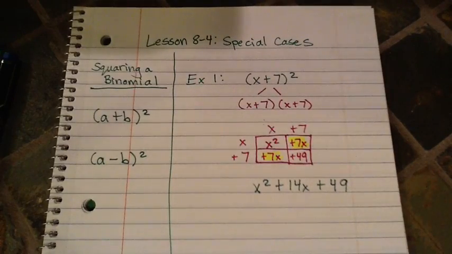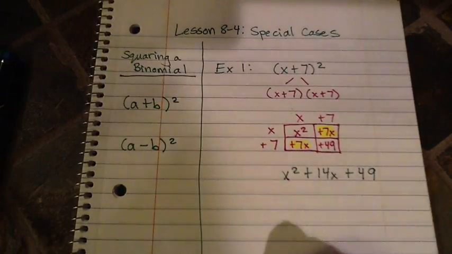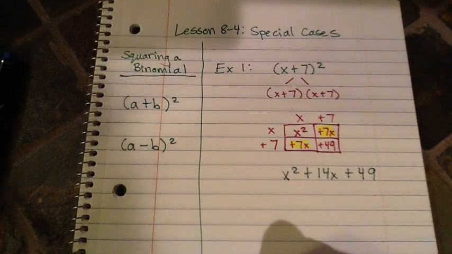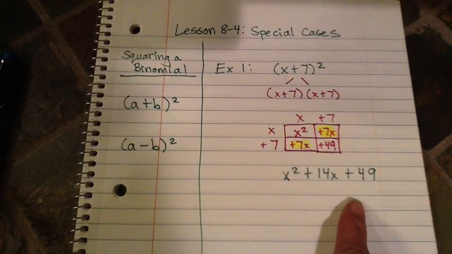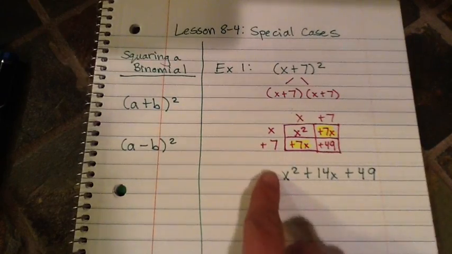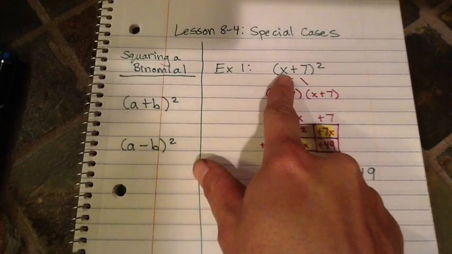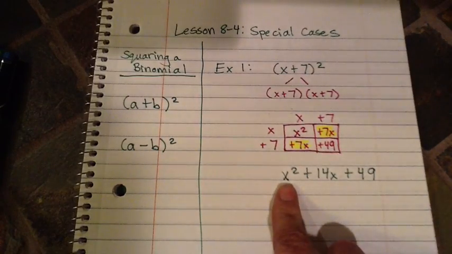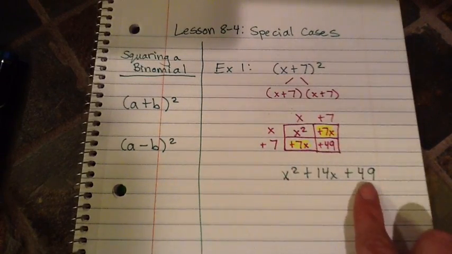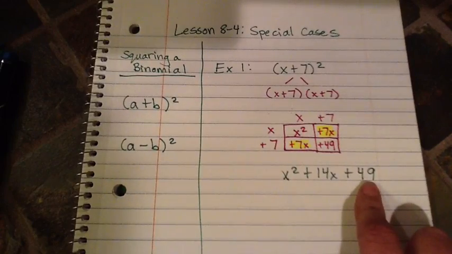Or you can memorize a shortcut, which I'm about to show you. If you don't memorize the shortcut, that's okay, but I still want you to see it, and I want you to think about it every time you notice this, because it's going to help you later. What you can do for the shortcut is you can say, I know x is going to be squared. That's going to be my first term. There it is. I also know 7 is going to be squared. That's going to be my last term, 49.